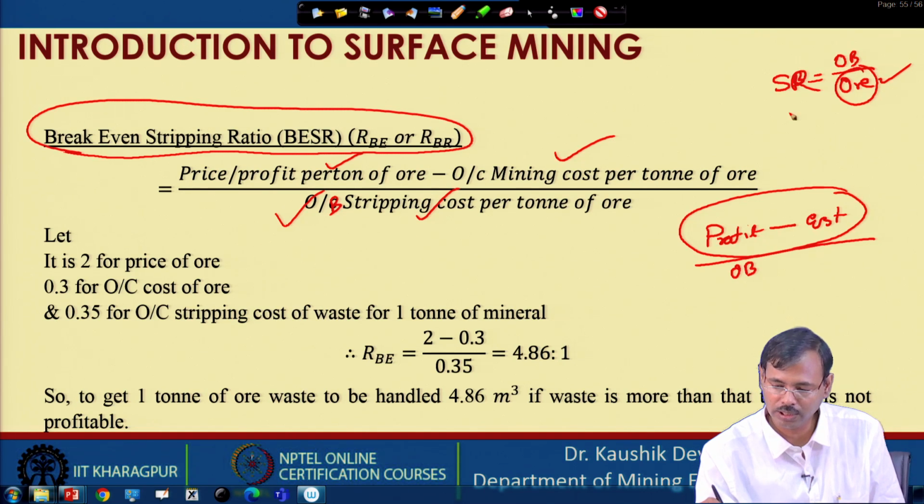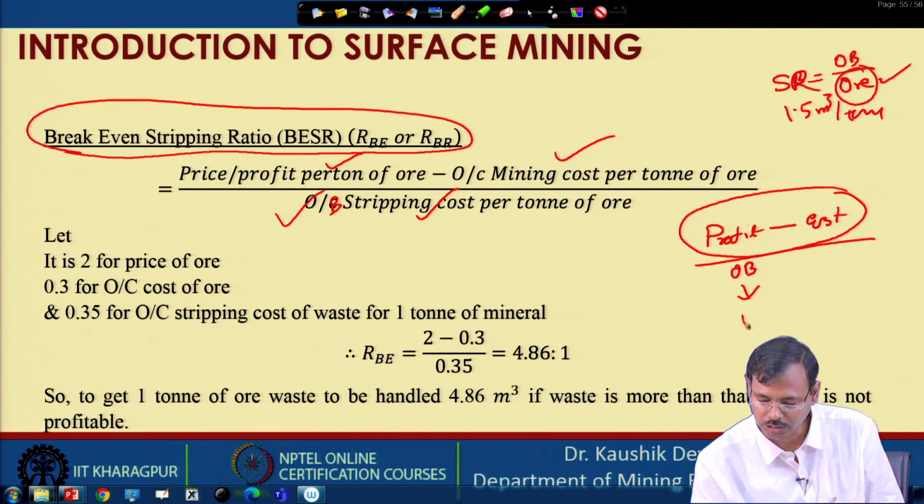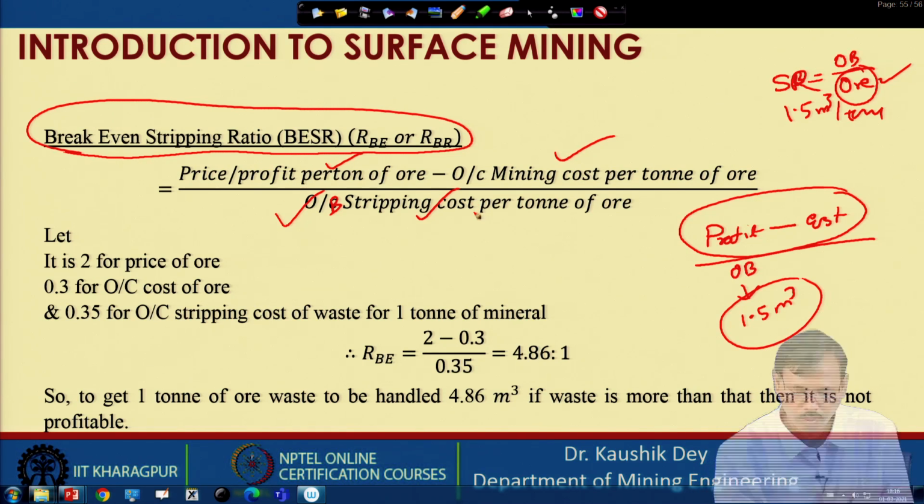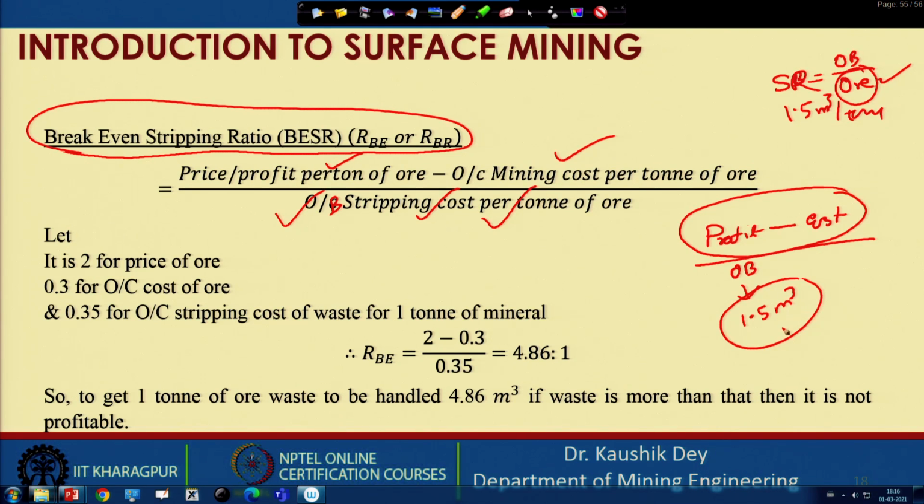So, if the stripping ratio is 1.5 meter cube per ton, then this overburden quantity is 1.5 meter cube. So, the cost of overburden removal for per ton of ore means the cost of removal of 1.5 meter cube overburden.